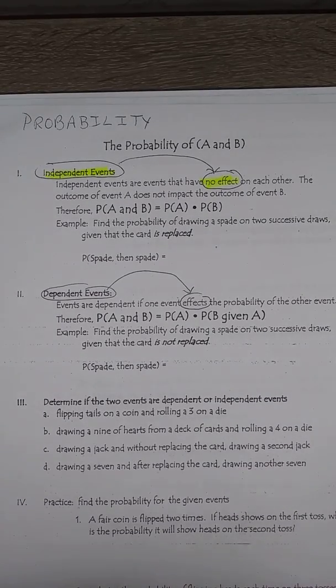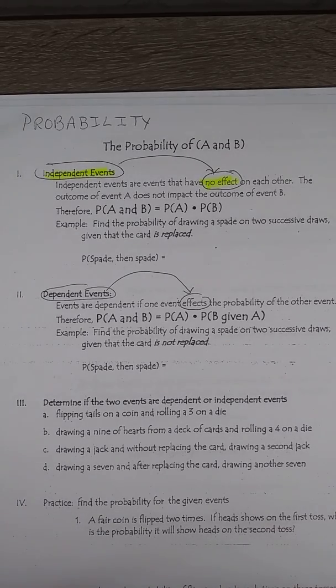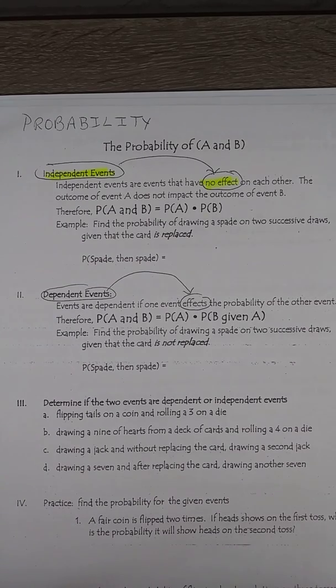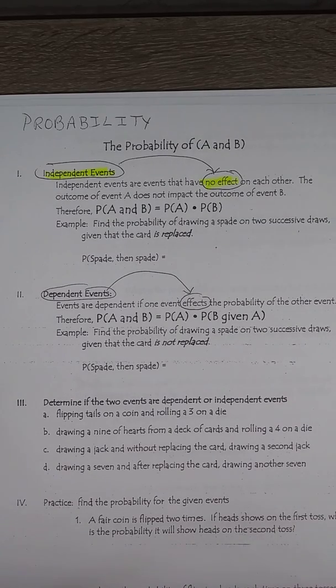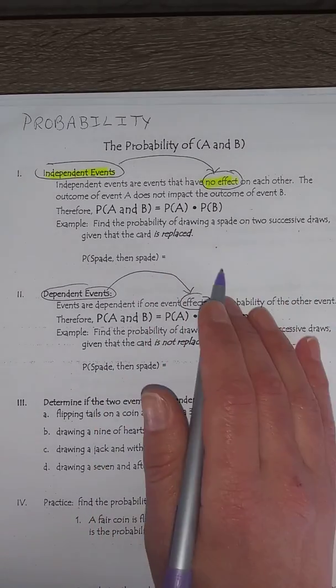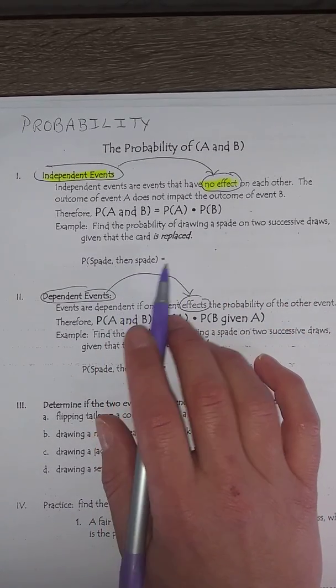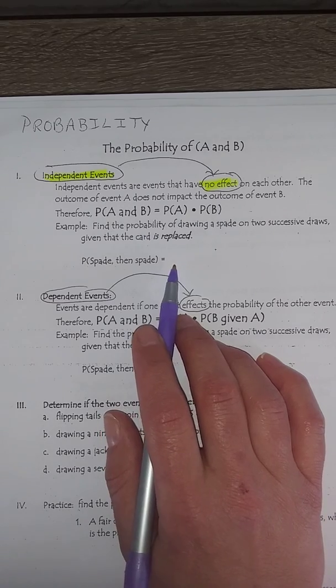So in probability, you do need to know your cards. And I wrote all that stuff down on the pink Mega Note sheet that was handed out. So you are going to want to refer to that if you don't know how many cards are in a deck, how many suits are in a deck. So you got your 4 suits, 13 cards each, 52 cards in the whole deck.